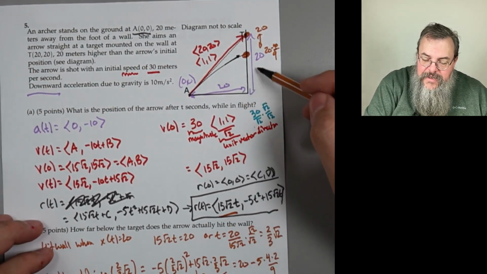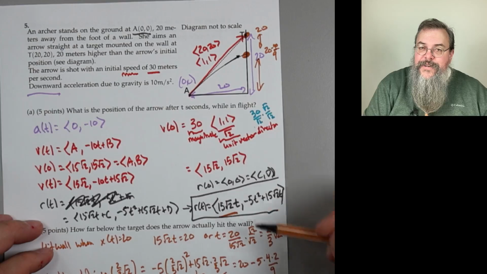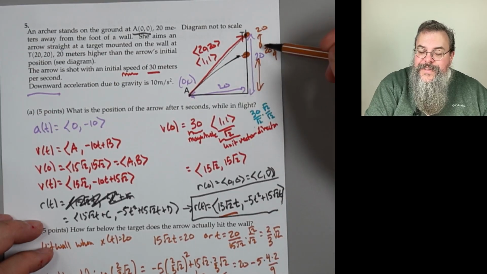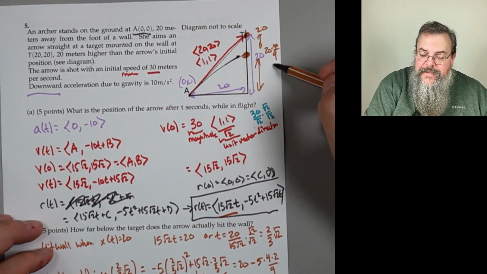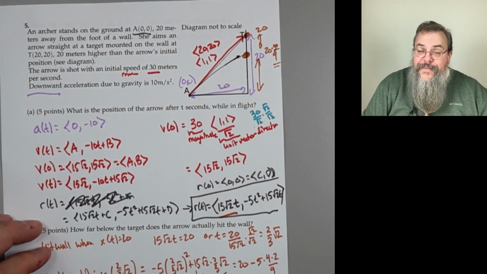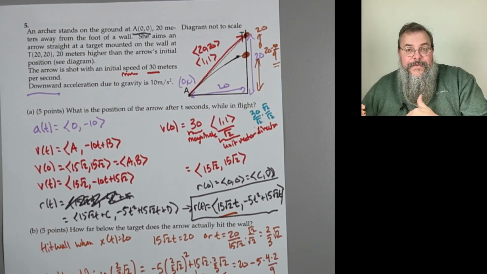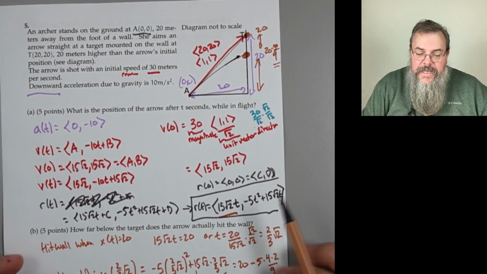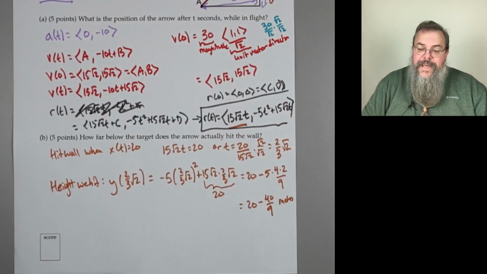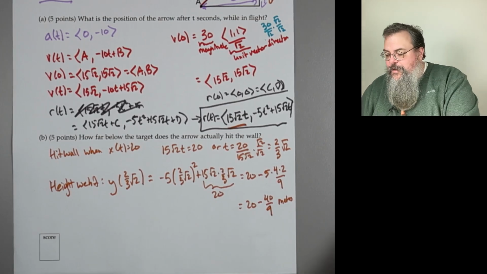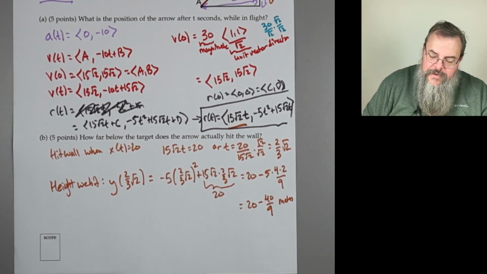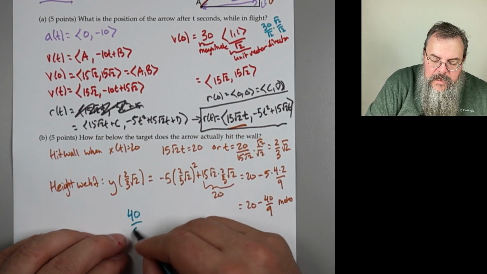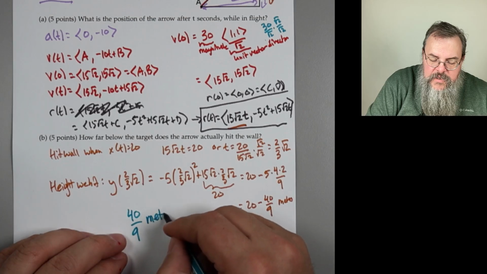So it's not asking you for the height that the arrow hit the wall. It's saying, how far below was it? So how do we find that? It's this part that we subtracted off. So our answer to part B, what a problem this one is, is 40 ninths meters below.